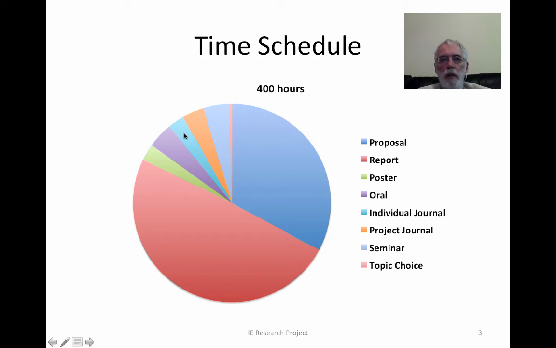And once again, we wouldn't expect you to spend more than perhaps half an hour a fortnight on the implementation of the individual journal. The oral presentation is very important. You will need to develop the presentation materials and practice that presentation, and then participate in the end of project conference and be a critical audience for your fellow presenters.